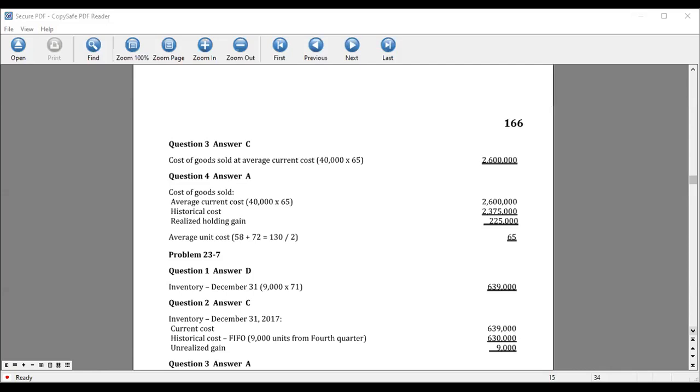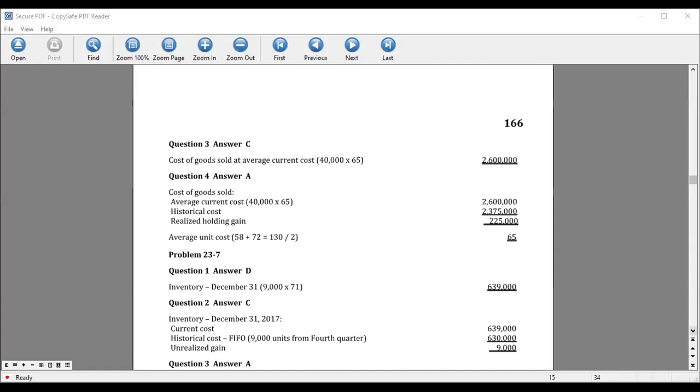Next, in number 7, what is the inventory on December 31 at current cost? So in question 1, the inventory on December 31 at current cost is 9,000 units. That's your number of units purchased for the inventory units. So we have inventory on December 31 of 9,000 units, and then we multiply it by 71.